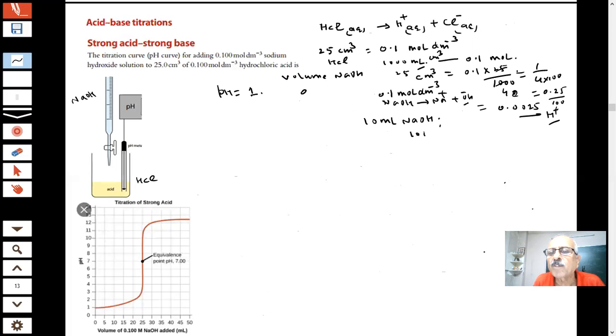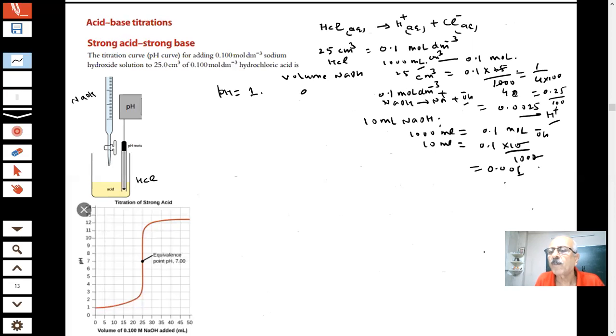That means 1000 milliliter will contain 0.1 mole of OH minus. Then 10 milliliter will contain 0.1 into 10 by 1000, which is 0.001.